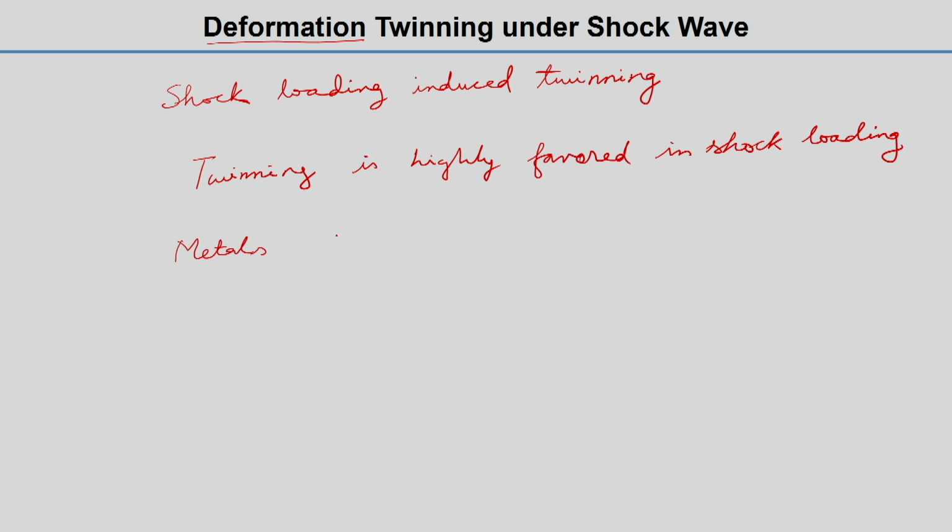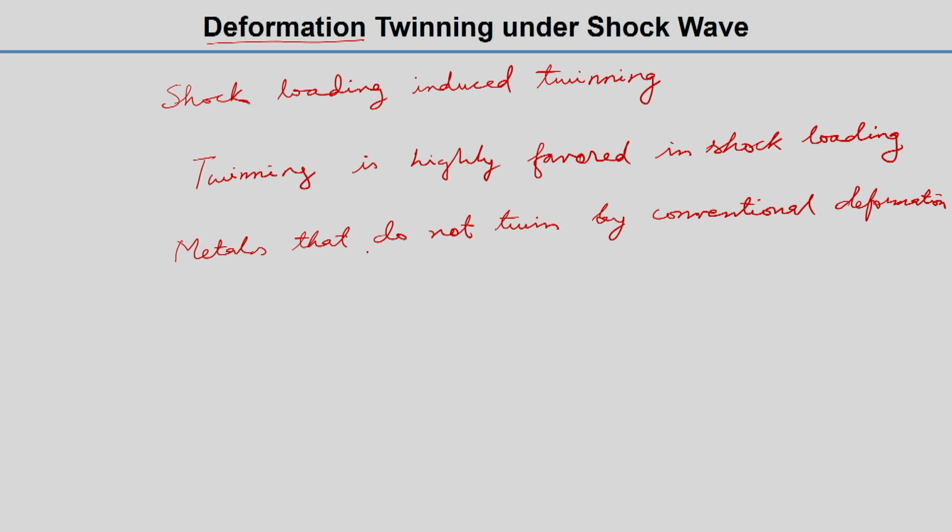Conventional deformation here means, as we discussed in the last class, quasi-static deformation, fatigue, creep or other kinds of deformation, not very high strain loading. High strain loading or shock loading is different.